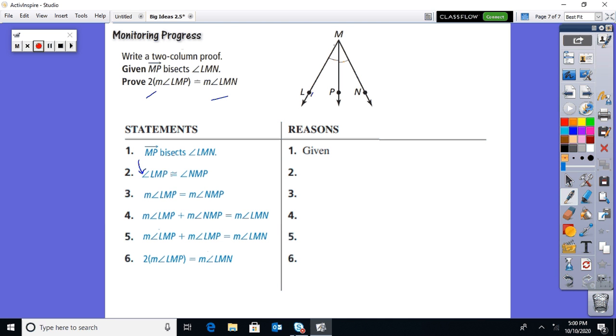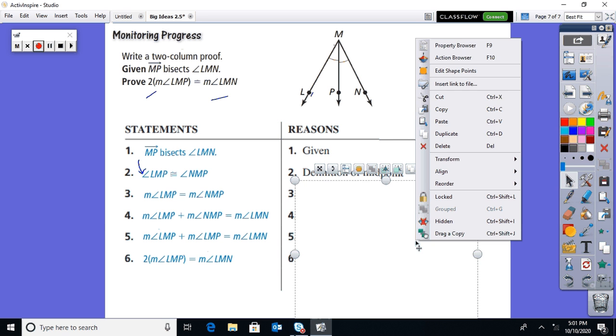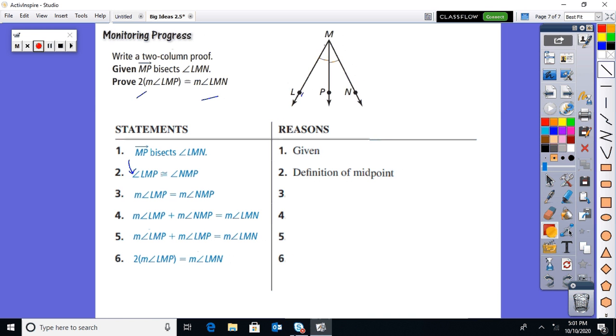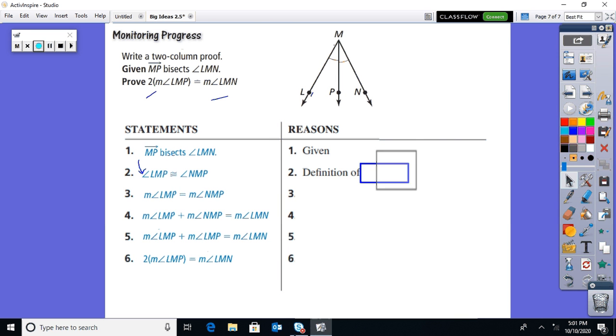LMP and NMP, that is straight up definition of midpoint. I don't like that. Here's what we're going to do. We're going to call this, the book has their own ways to do things sometimes, but I like to try to make things a little easier for you guys. Whatever word they use in the given, I like to use that instead because technically that'll help you remember it better.